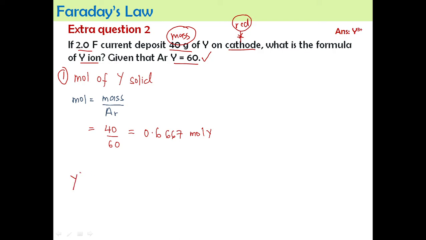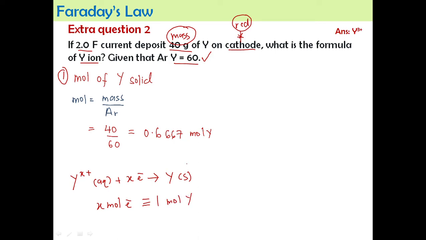So, YX plus in aqueous, dia akan terima X elektron menghasilkan Y solid. Okay? Jadi, sekarang kita nak tentukan berapa charge dia ni. So, from this, kita tahu X mole of electron akan produce 1 mole of Y.